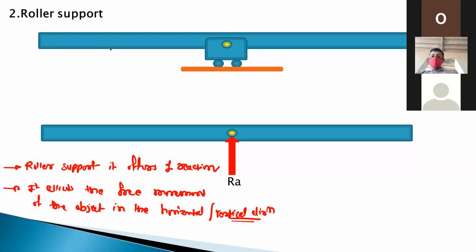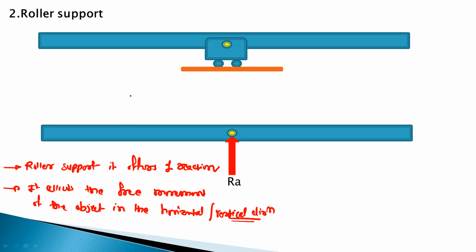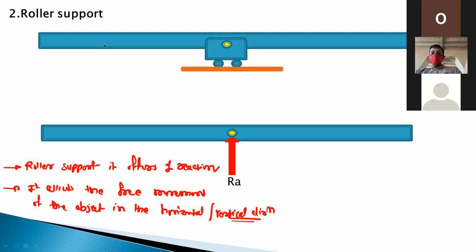Okay, so this is called a roller support. So you can note it down, the types of support and corresponding reactions.